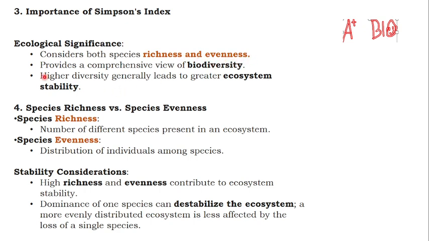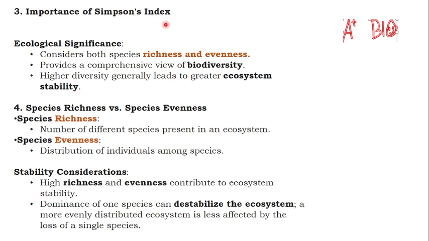It provides a comprehensive view of the biodiversity. Is it complex? Are there many organisms or few? This Simpson index shows you how higher diversity generally leads to greater ecosystem stability. So to know that your ecosystem is stable, you should calculate your Simpson index.